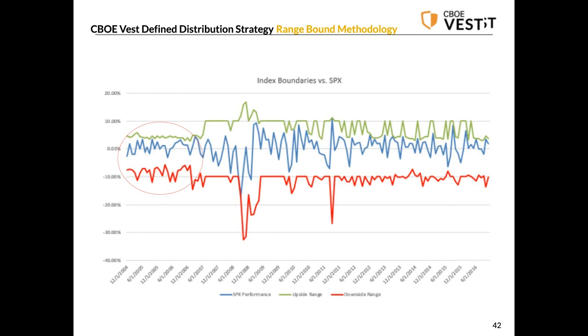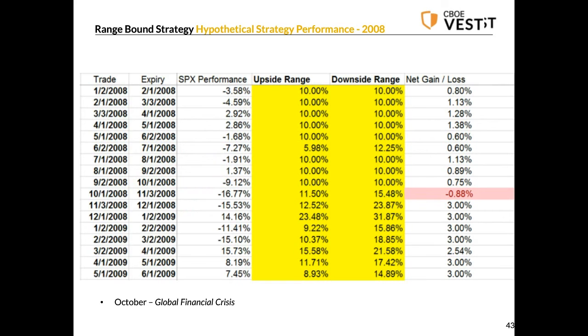I'm going to give you some examples of the return here. We get a question when you talk about this index. You say, well, what would have happened in 2008? How much would I have lost? And so, in fact, it's a very interesting year to look at.